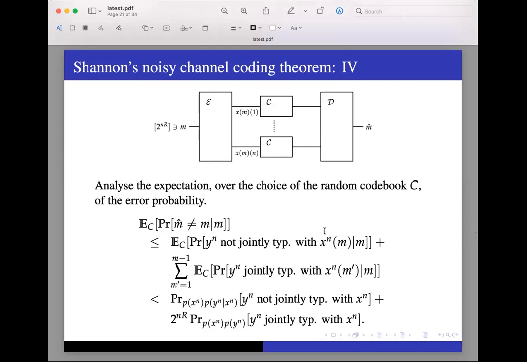Note that when I'm taking the expectation over the random code book, the mth code word is nothing but a string chosen from the probability distribution on x to the power n. And remember, this probability distribution x to the power n is n independent copies of the base probability distribution px.